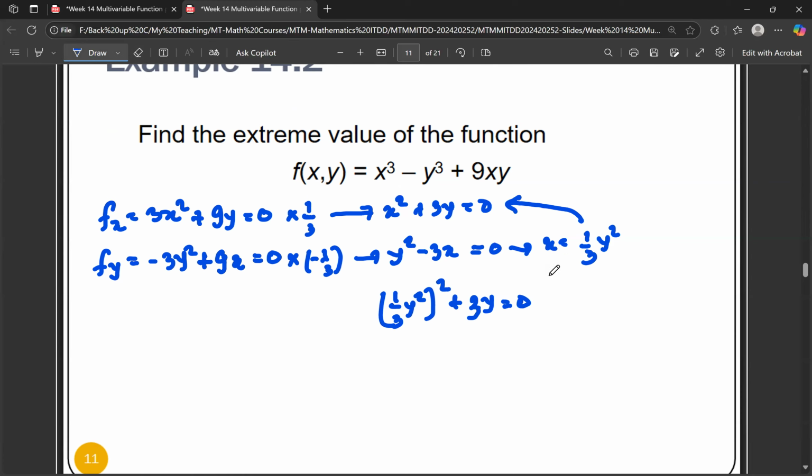And then we have 1 over 9 y to the power of 4 plus 3y.